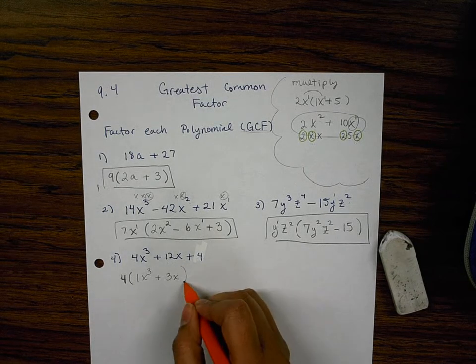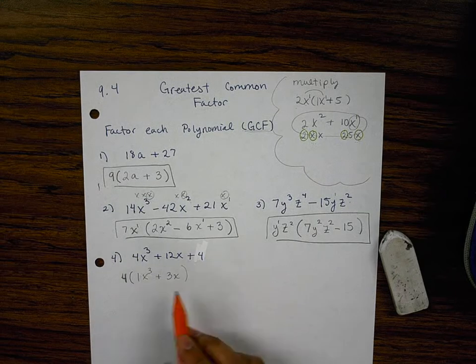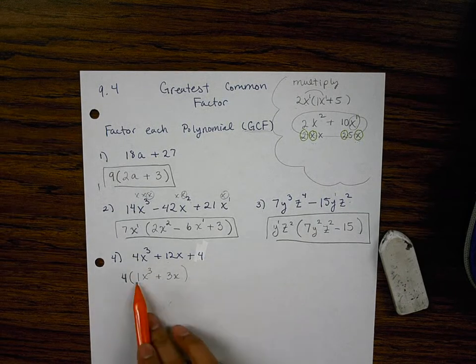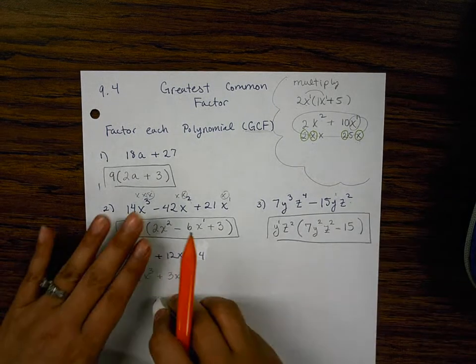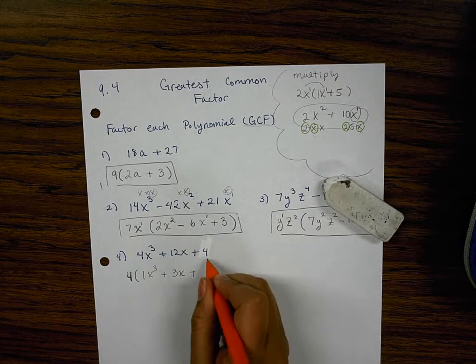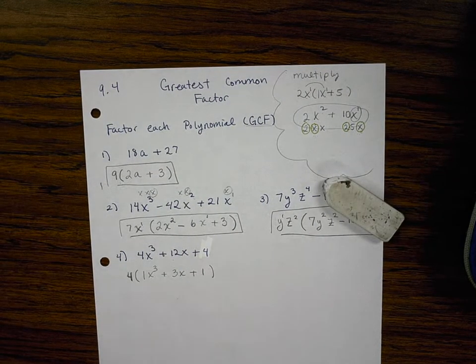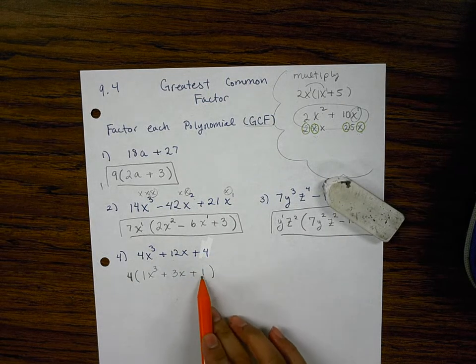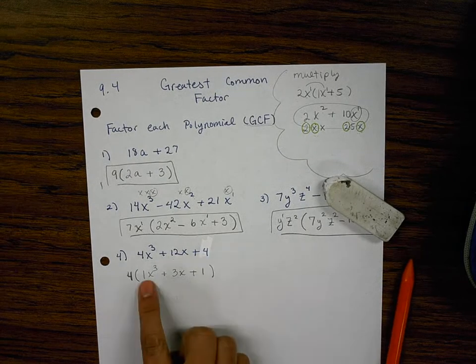And then this is where kids mess up. They're like, oh, 4 came out, so they close the parentheses. Do not do that. There's 3 terms here, and there's only 2 terms in here. That is incorrect. There is a number. 4 times what is 4? That is a 1. Don't forget, just because you pull it out and it's gone completely, there's still something left there. It's a 1.